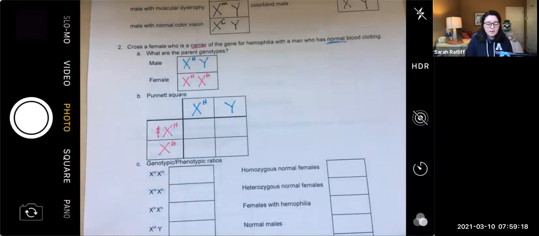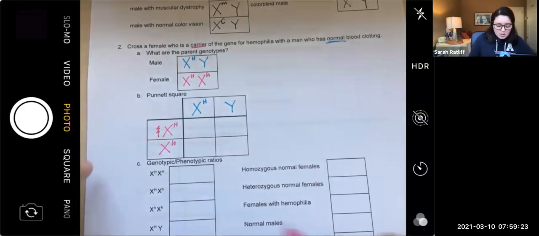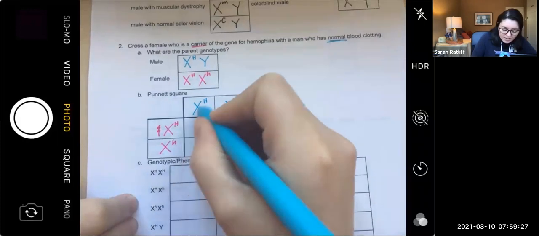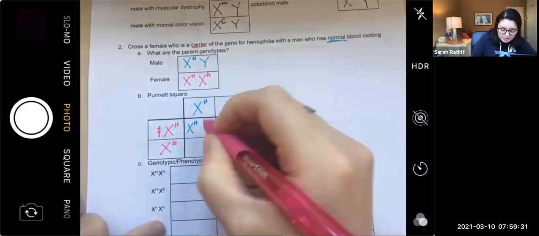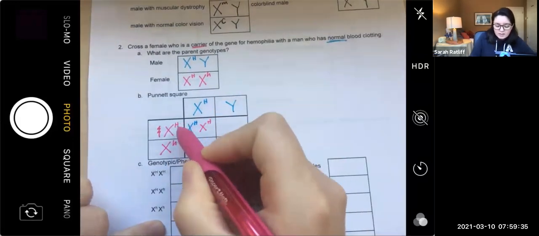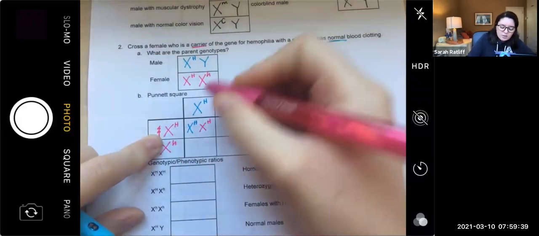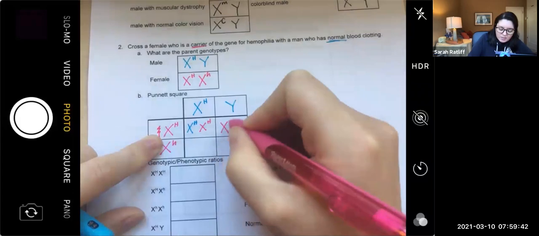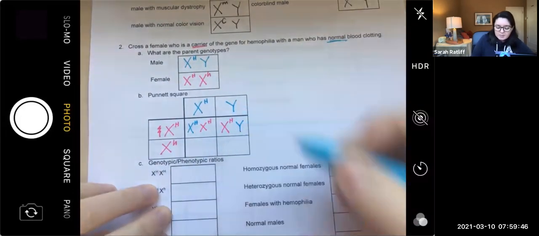Time to figure out our offspring here. All right. We are going to get the X with a big H from dad and an X with a big H from mom. All right, and then since X's come before Y's, we're going to get an X with a big H from mom and a Y from dad.